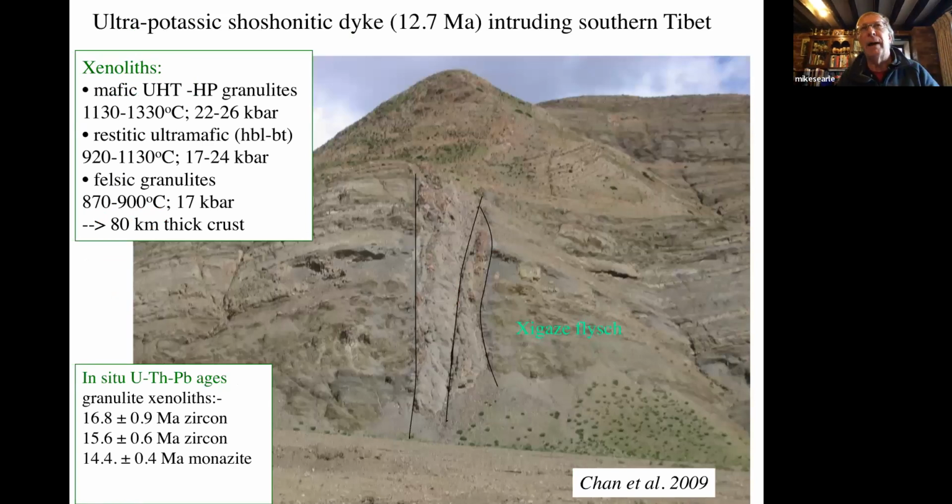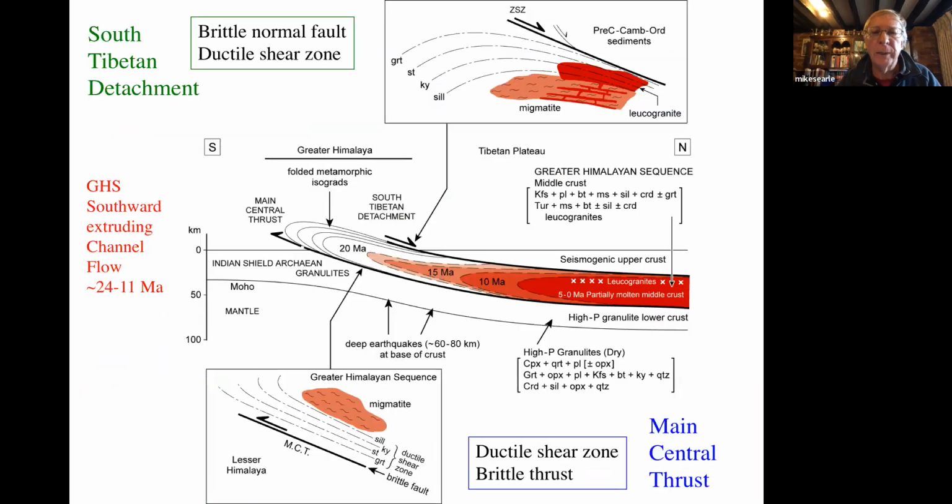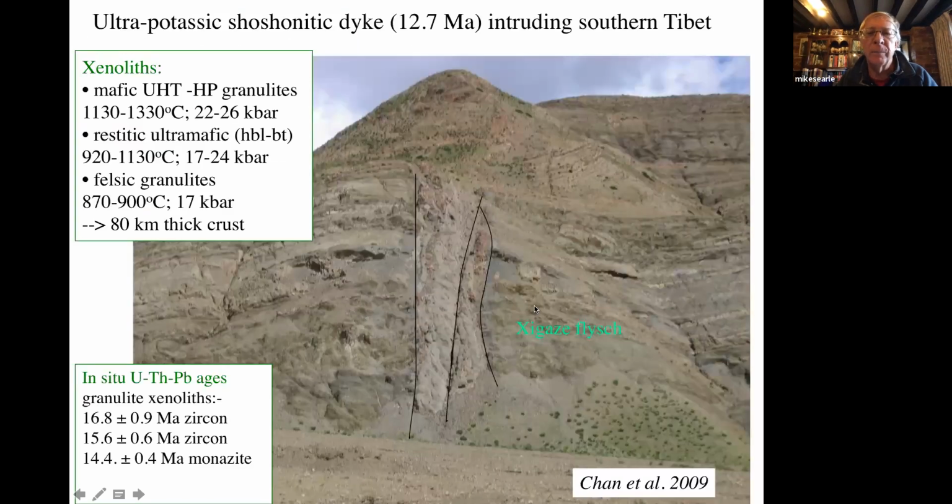And you can actually match those with the INDEPTH geophysics seismic section, where they shot deep crustal geophysics right across Tibet. So how do we know the composition of the lower crust here? Because you never see any Archean rocks in the Himalayas. You never see any high-pressure granulites, but what you do see are these spectacular shoshonitic dikes that cut. Shoshonites are mantle-derived lamprophyric-type rocks that intrude up, and during the passage up through the crust, they pluck off tiny xenoliths of an incredible composition.